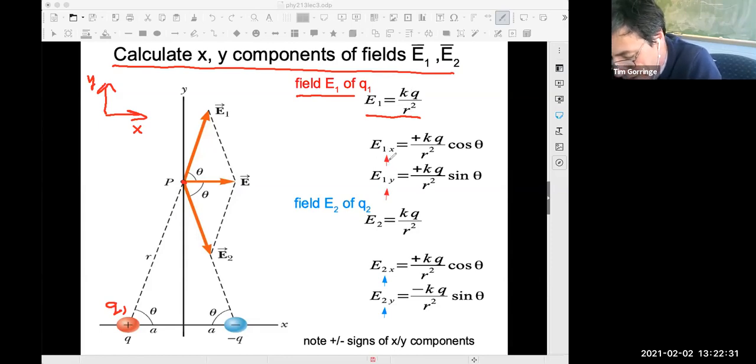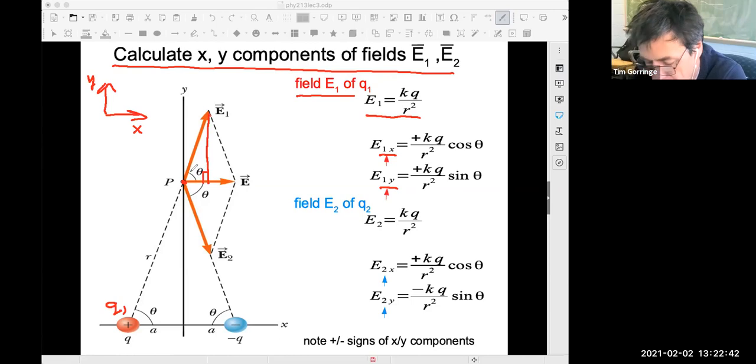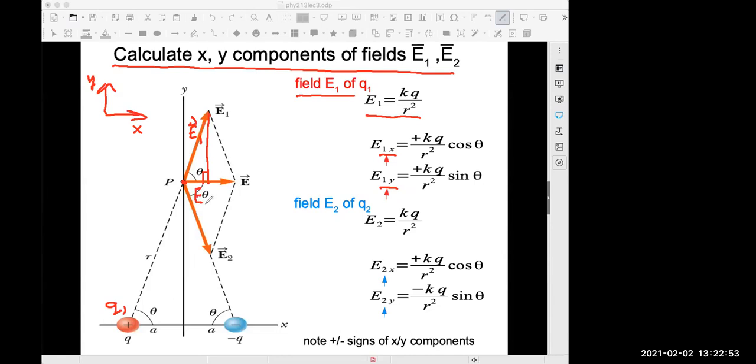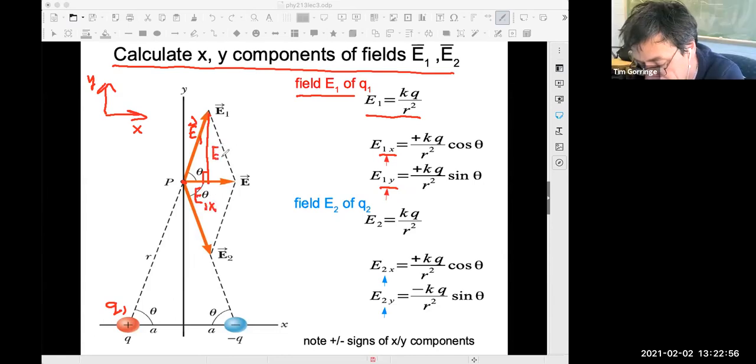If I want the X and Y components of E1, all I've got to do is imagine the right-angle triangle made up of the vector E1, the hypotenuse, the horizontal side E1x, and the vertical side E1y. Then I can use trigonometry to figure out E1x and E1y from the magnitude of the field.